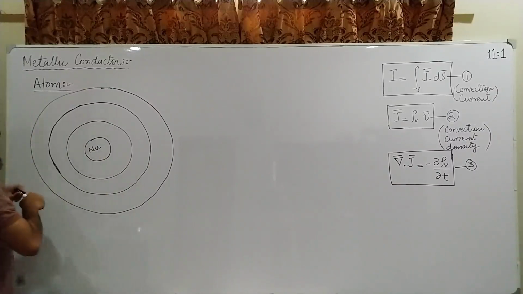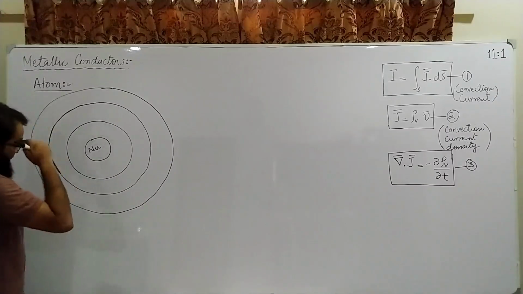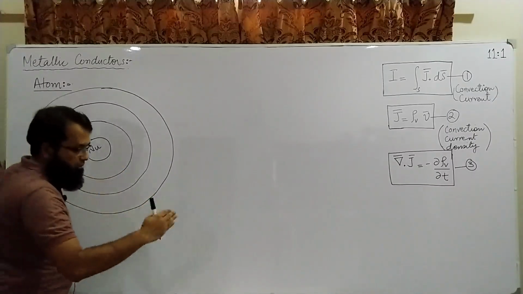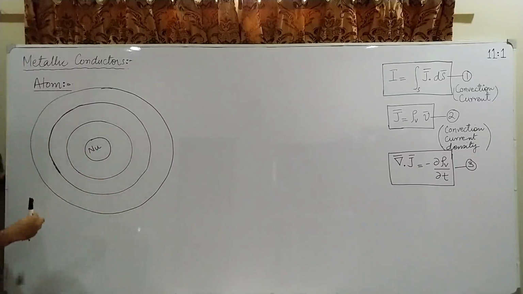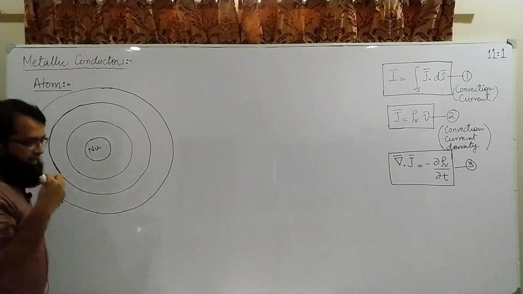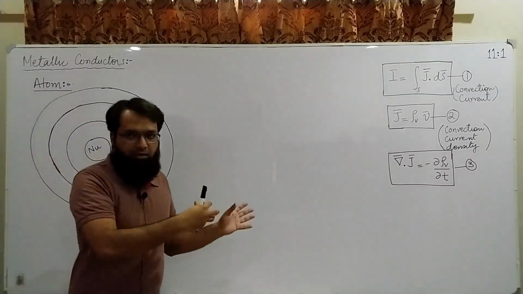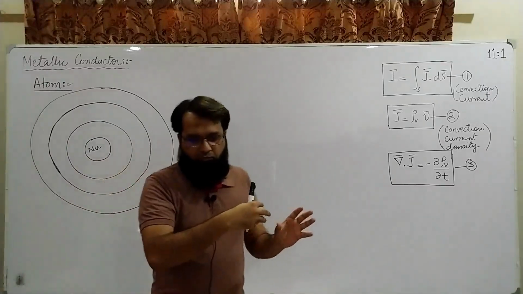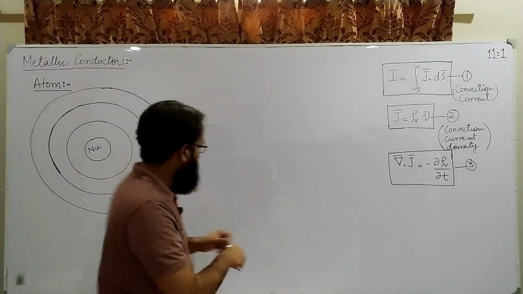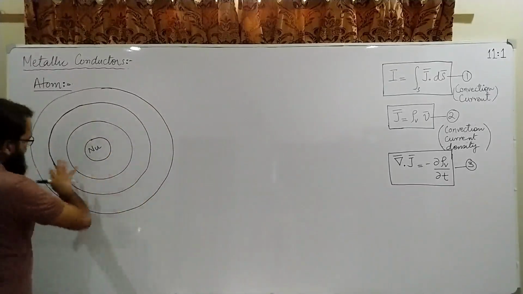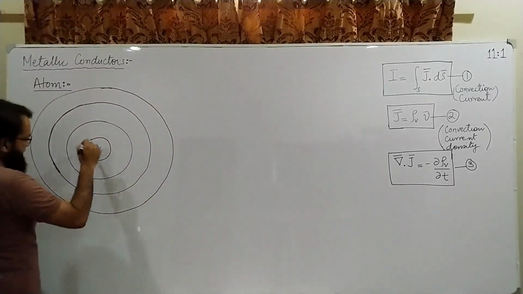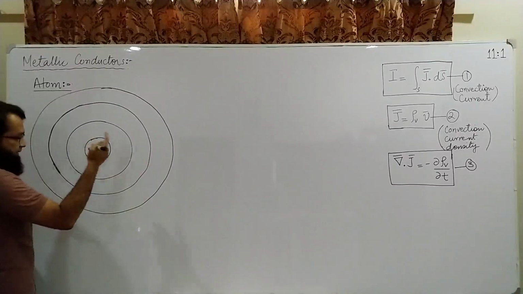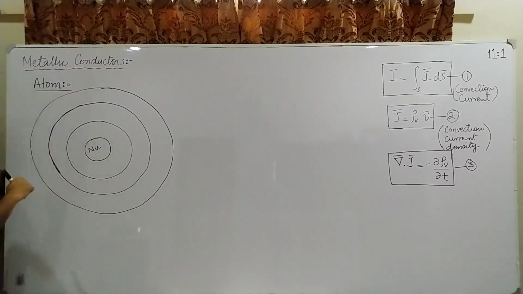Bohr's atomic model was the first model which provided the quantum mechanical foundations for the modeling of an atom. That model is in turn based on Rutherford's model, but with some modifications.